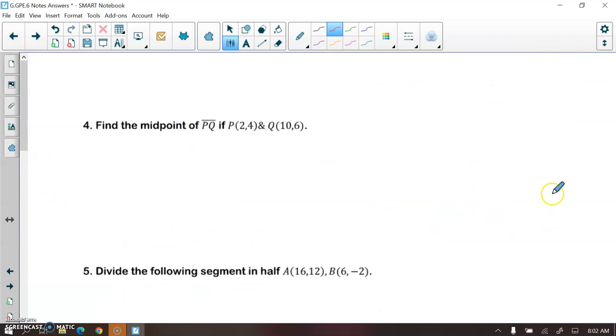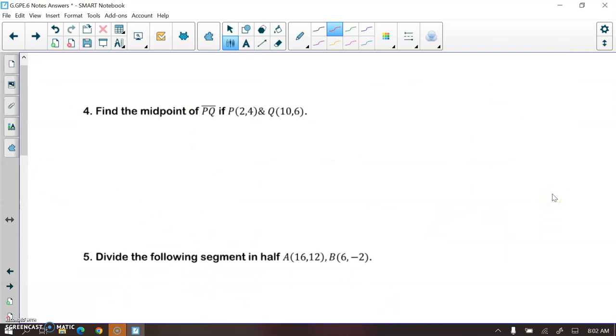So number 4, it says to find the midpoint of PQ, and it gives you the endpoints of PQ. I'm going to label my points x1, y1, x2, y2, and I'm going to use my midpoint formula.